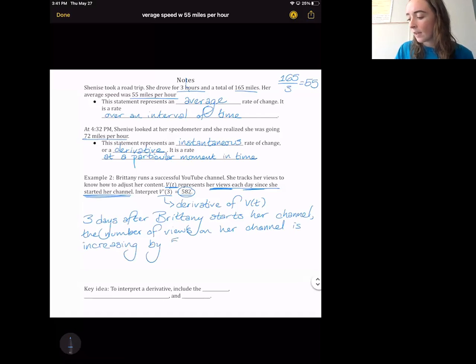by 582. And last but not least, we need to figure out what the units are on that 582. Well, I know that v of t represents the number of views. So to figure out the units for the derivative, I need to know how those views are changing over time.